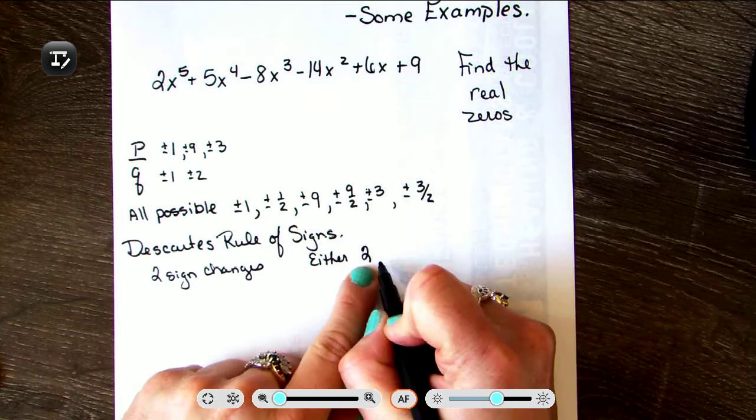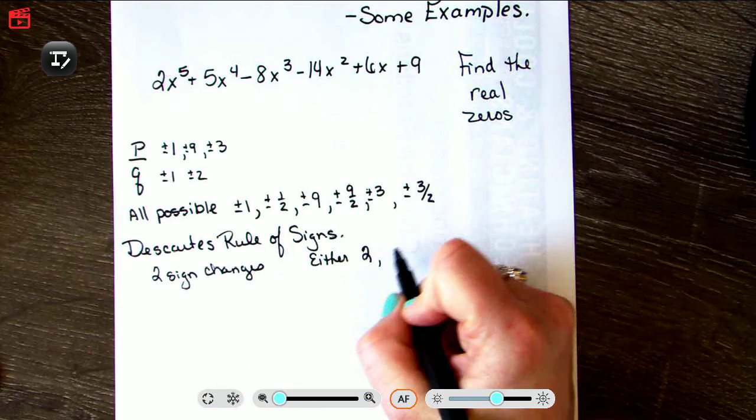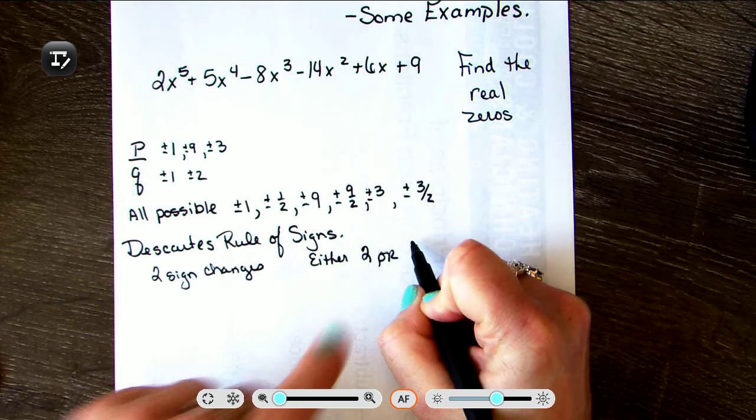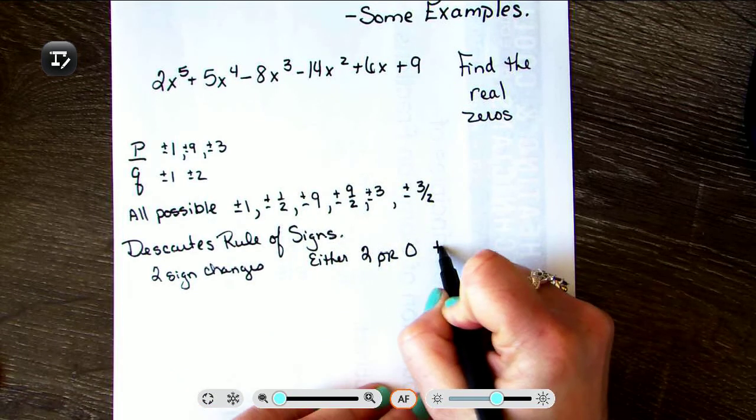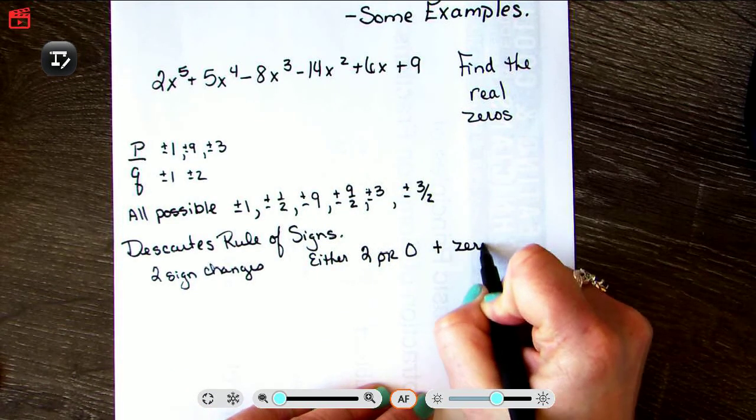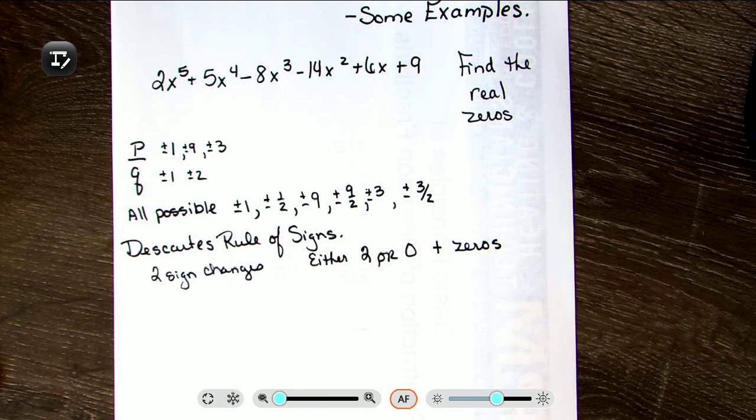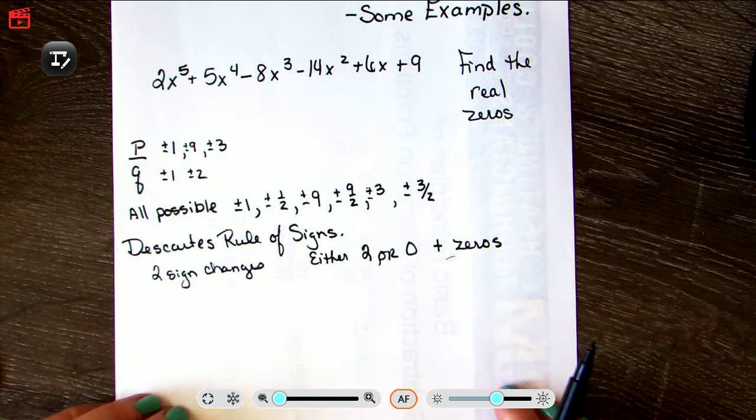So go down from here by 2 every time. So we're either going to have 2 or 0 positive zeros.